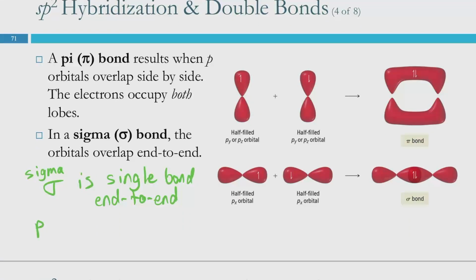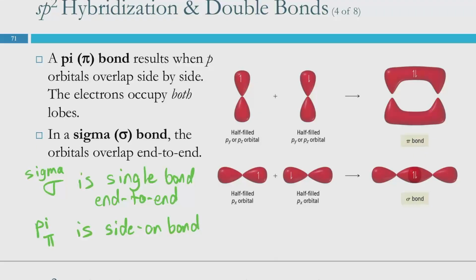Our pi bond is a side-on bond. And so rather than a direct grabbing the forearms like in an action movie, this is more like if you're reaching your hands out to the sides and you're holding on to each other like that.